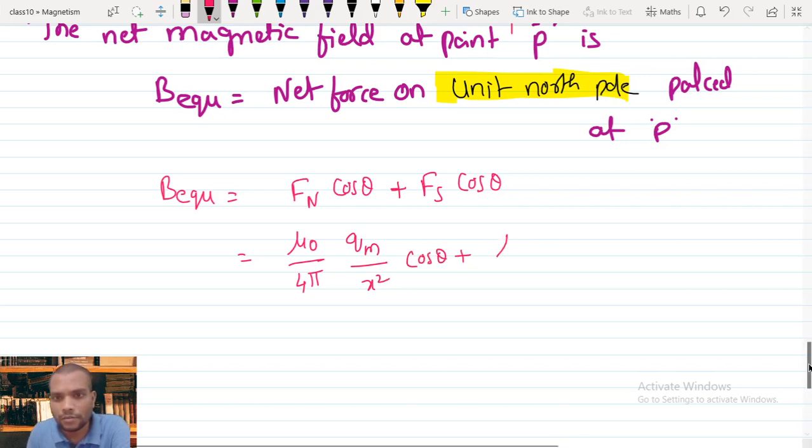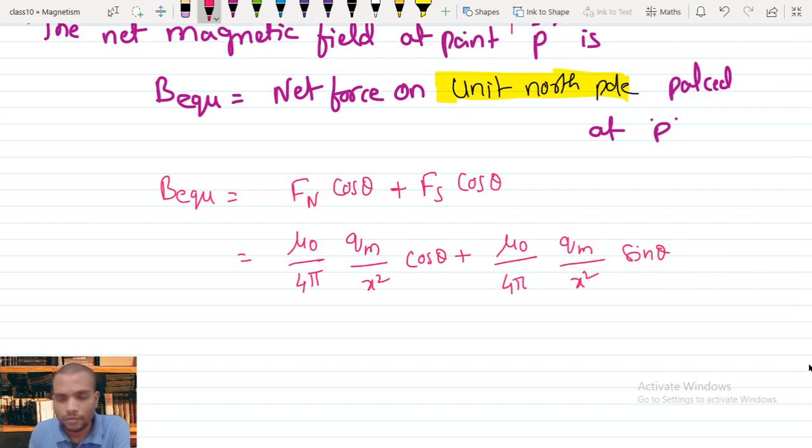Now south is also the same, mu naught upon 4 pi times Qm upon x square, sorry, it's also cos theta. Then we can add up simply, so 2 times mu naught upon 4 pi Qm upon x square cos theta.